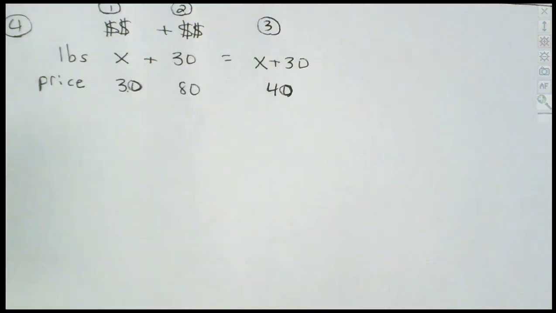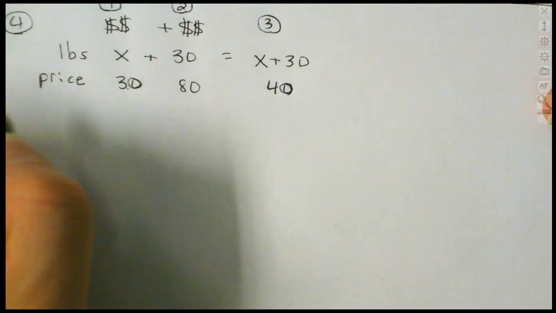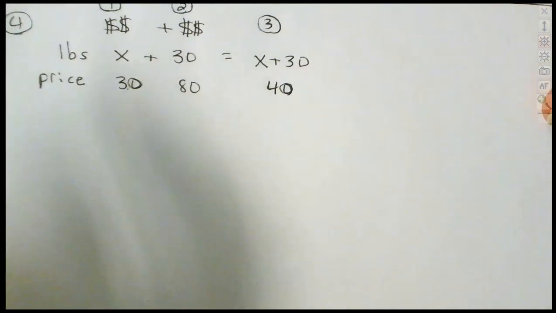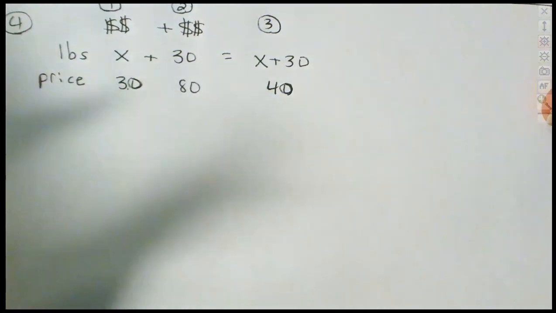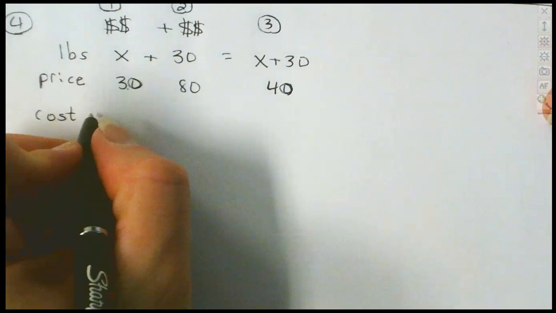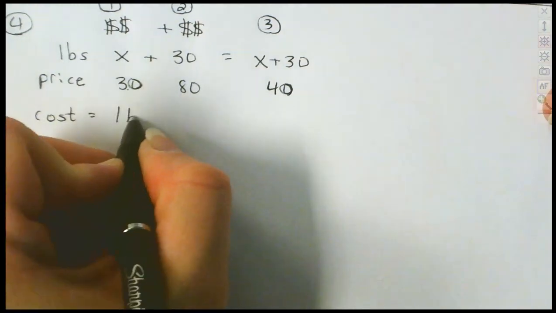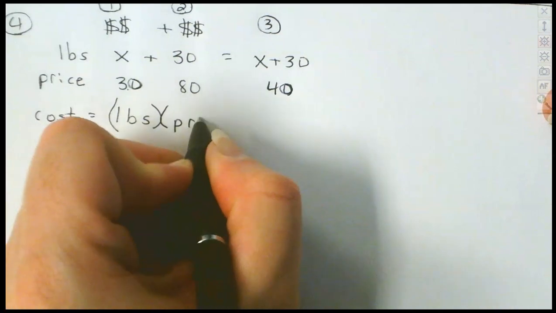Now we need to build our equation. And we're just going to look at this in terms of the total cost. Okay, so we'll call this the cost. Now you can label these whatever you want, just as long as you keep track of these get multiplied together. So we're going to go ahead and put our cost here, and that's going to be the number of pounds in each coffee times the price.